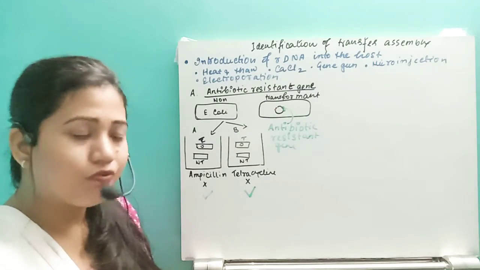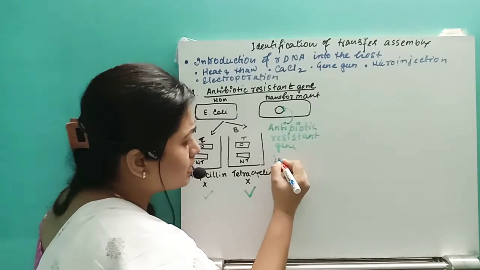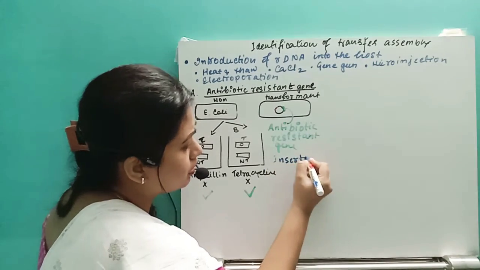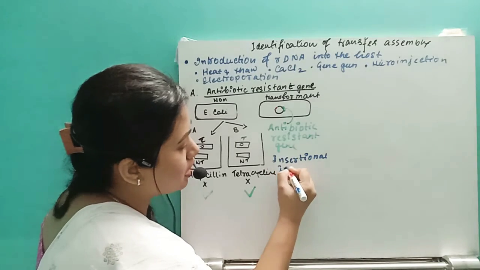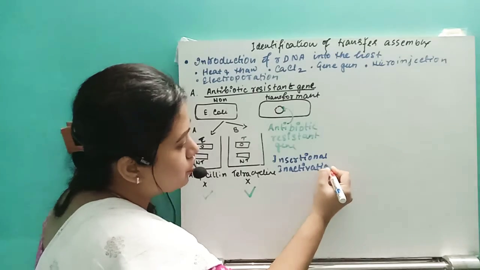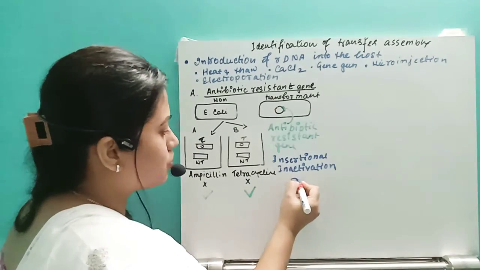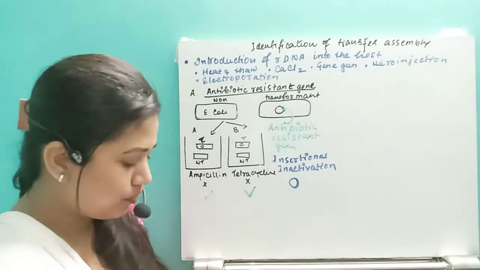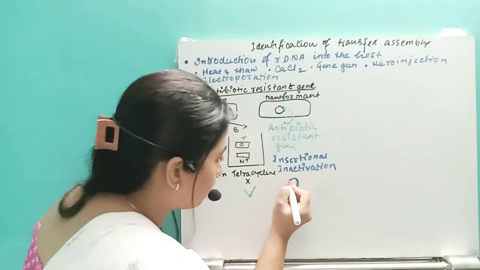Now there is one phenomenon that is called insertional inactivation. Okay, so what does insertional inactivation mean? So there is one rDNA. So this is the rDNA, right? rDNA means here we have our desired gene fragment.